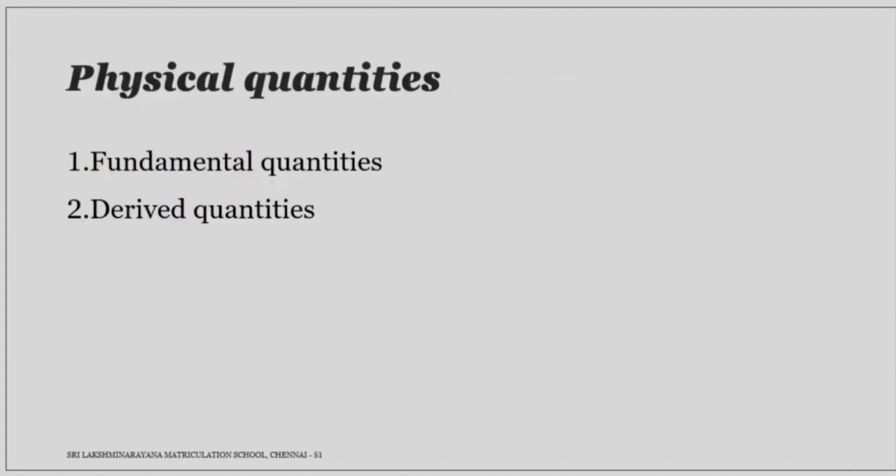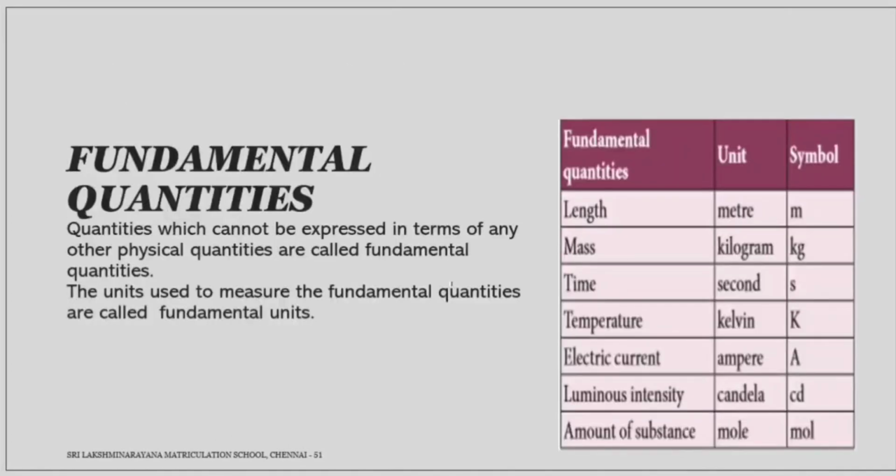Next topic is physical quantities. Physical quantity is a quantity that can be measured. Physical quantities can be classified into two: fundamental quantities and derived quantities.